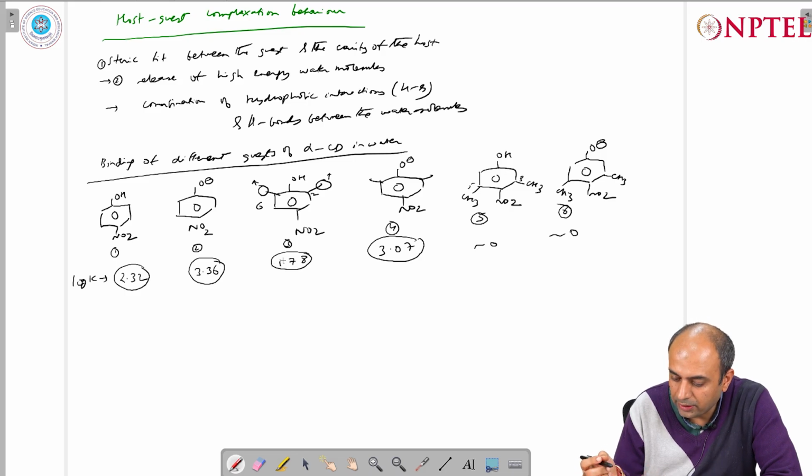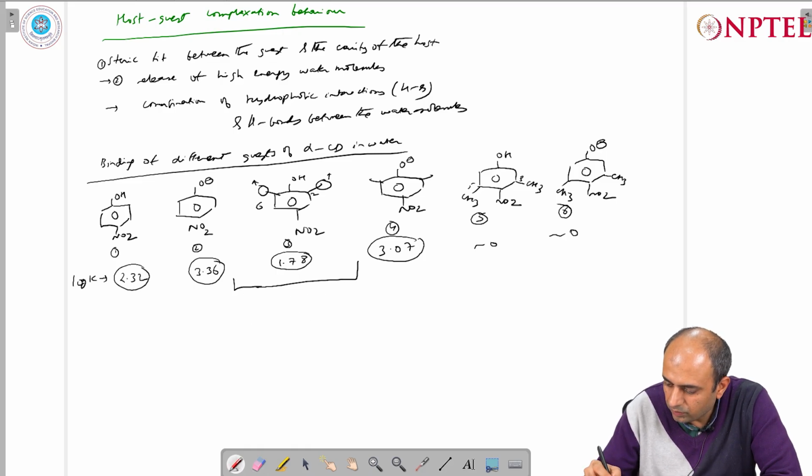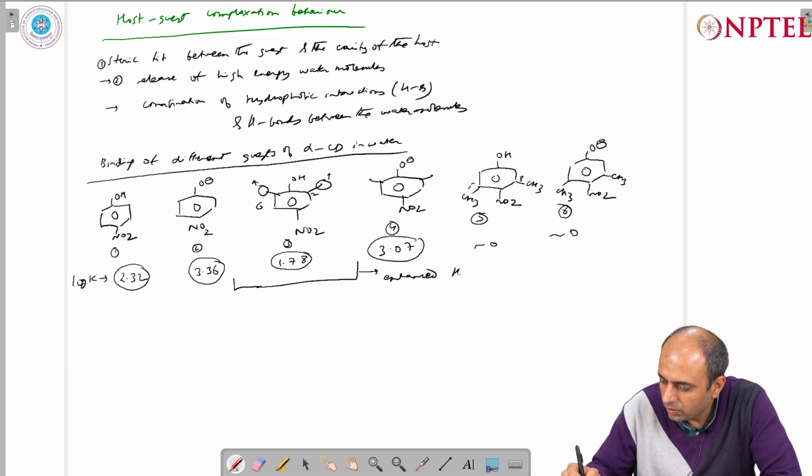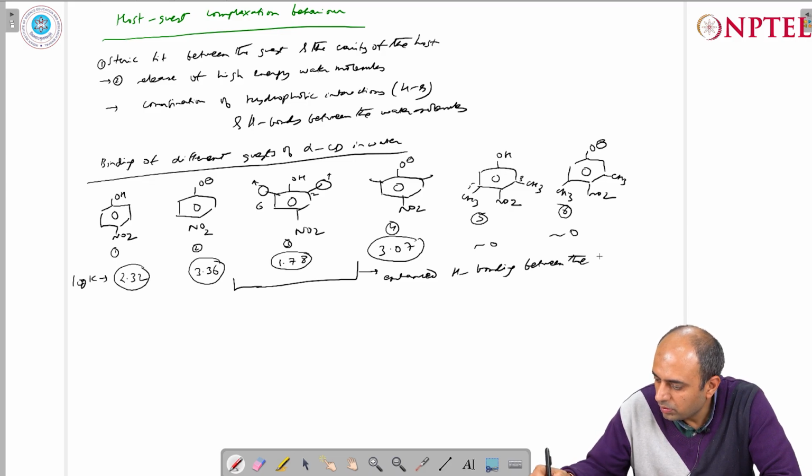So this indicates enhanced hydrogen bonding between the hydroxyl groups of the cyclodextrin and the phenolate ion.